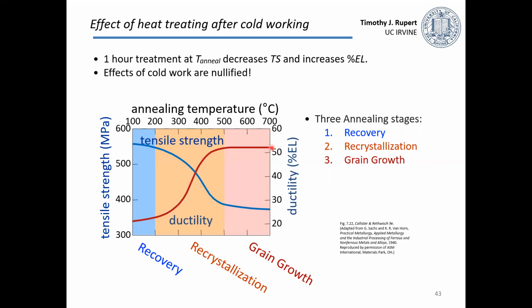Okay, and that again is aligning with this idea that these are inversely related. But what's important is we can talk about what's happening inside of the material in each of these different ranges. The first thing that happens is something called recovery. The next is something called recrystallization, and then finally grain growth. Now let's work through each one of those.